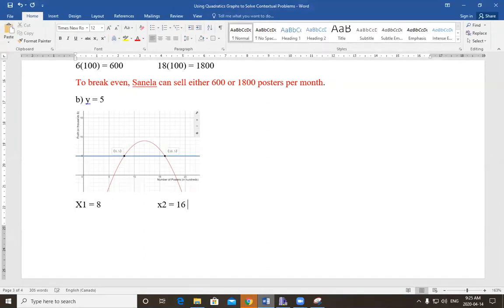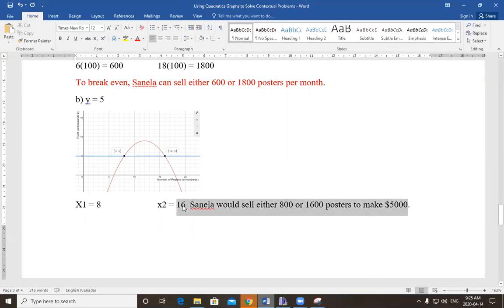So our answer is Sanella would sell either 800 posters or 1,600 posters to make $5,000 in profit. Obviously, that's profit. So that would be the answer for part B.